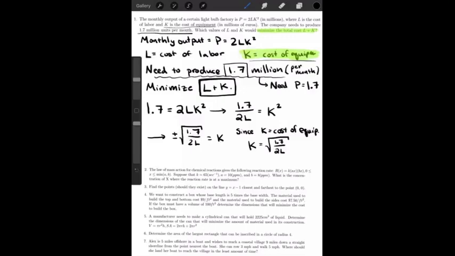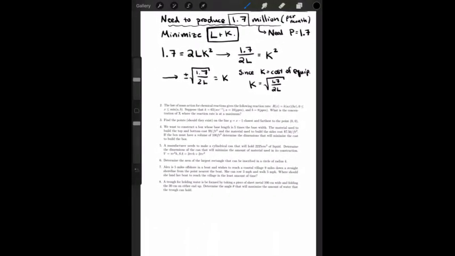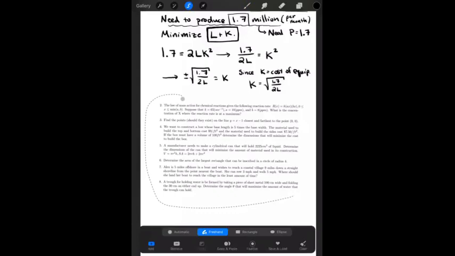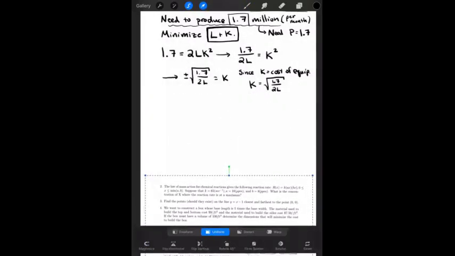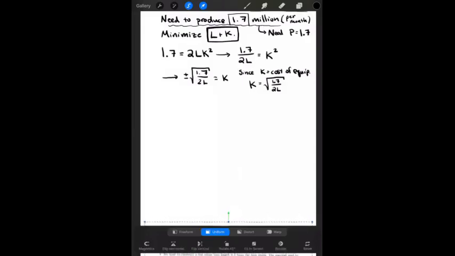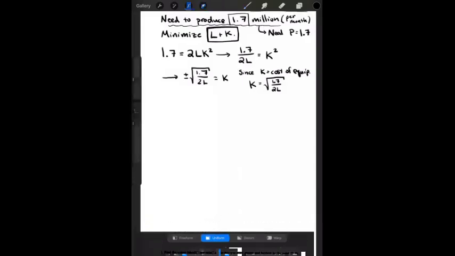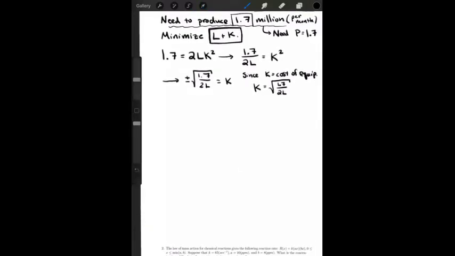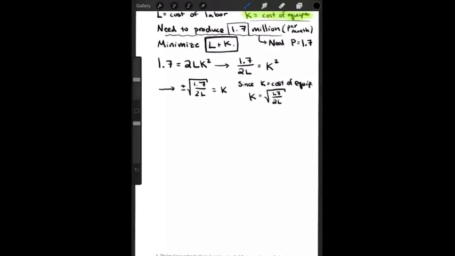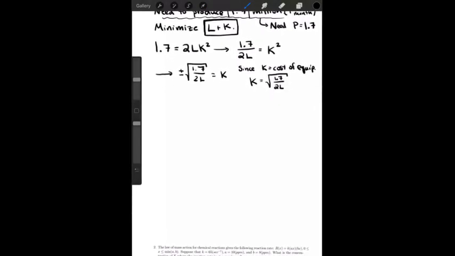So, I'm going to need to do some fiddling here. I'm going to take all of this and move it way down here. Alrighty. So now that we have a constraint, we can plug this in to the thing we want to minimize.